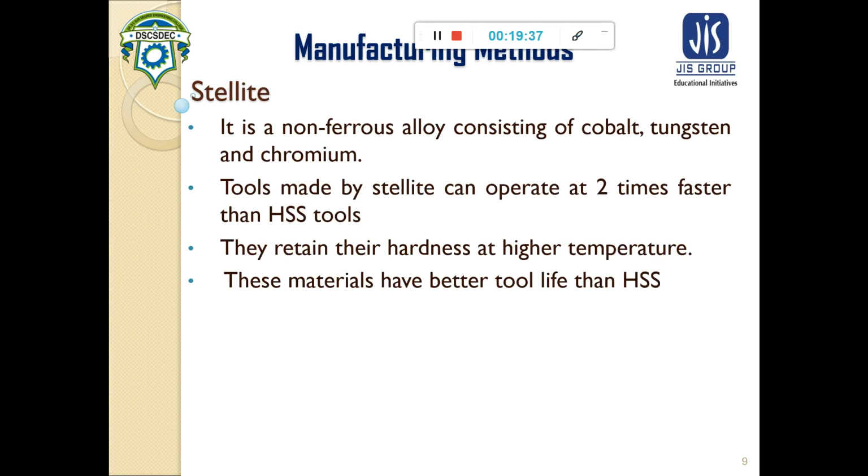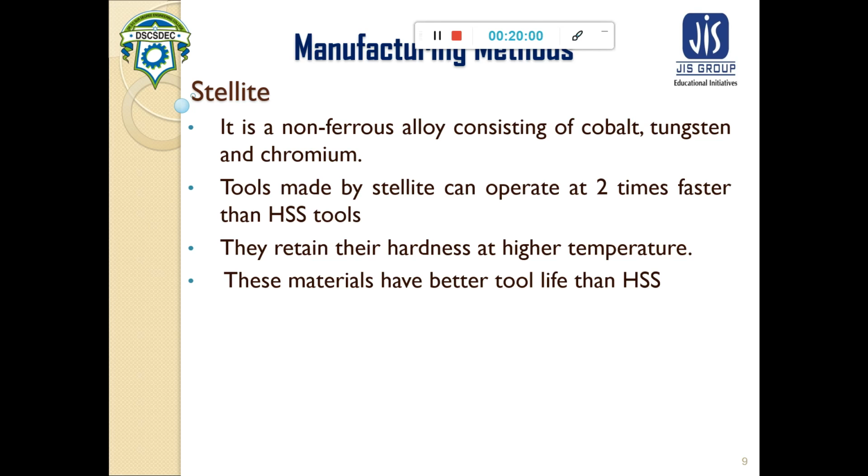Now stellite is a non-ferrous alloy that consists of cobalt, tungsten and chromium. As the name suggests, these metals are very hard, and so the alloy possesses hardness also.